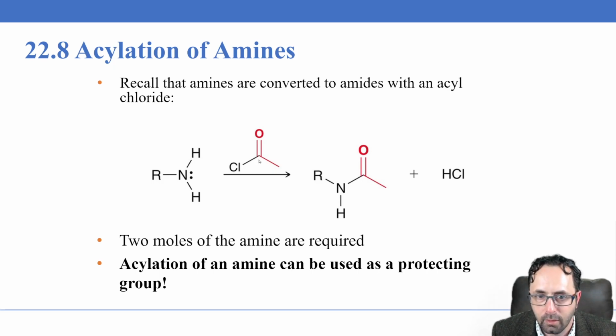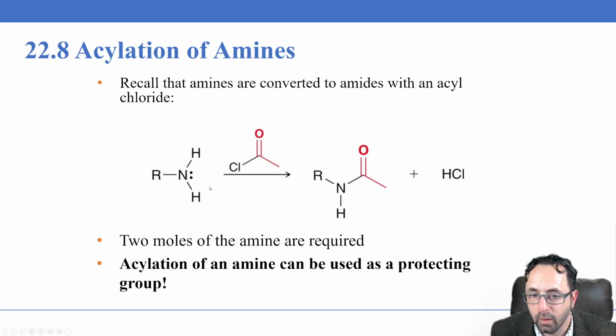And so the acyl here means the chloride is attached to the carbon that's involved in a carbonyl carbon-oxygen double bond here. And in this case, 2 moles of the amine will be required. In addition, the acylation of the amine can be used as a protecting group for a variety of other reactions.